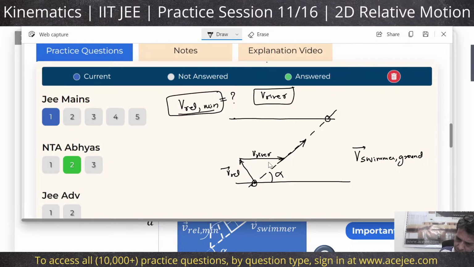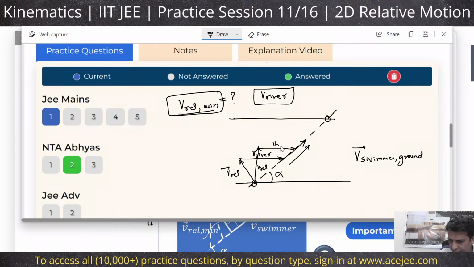Still, the final direction of approach would be this one, in this direction.